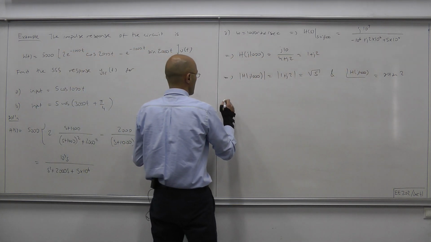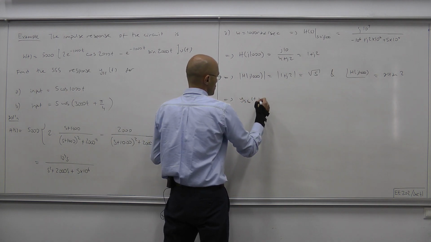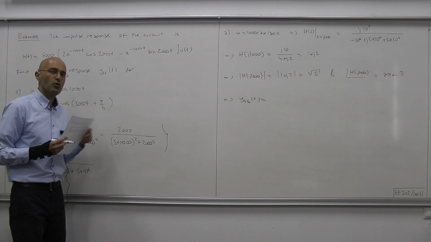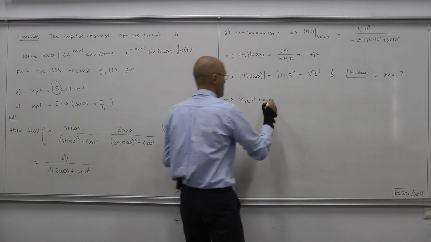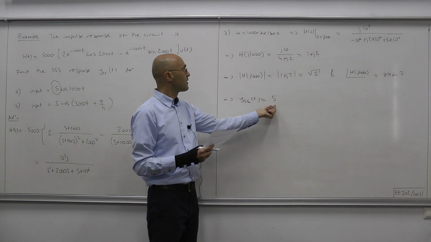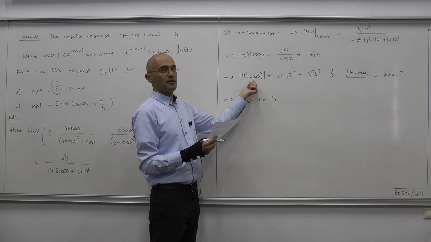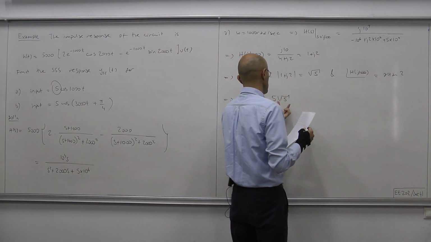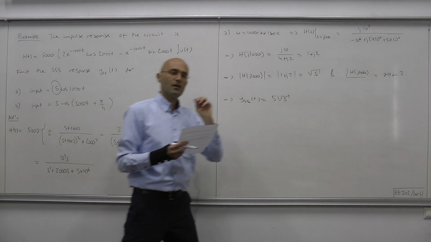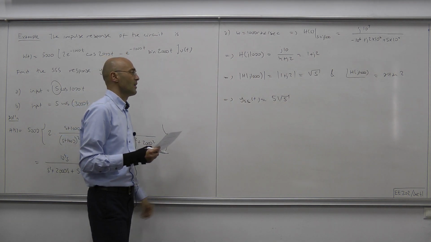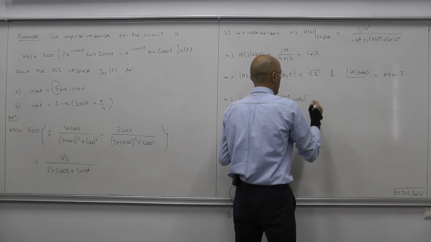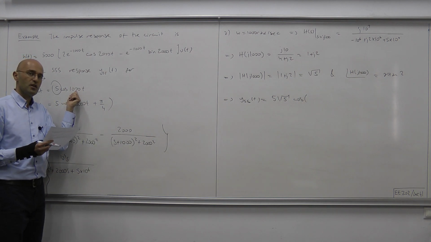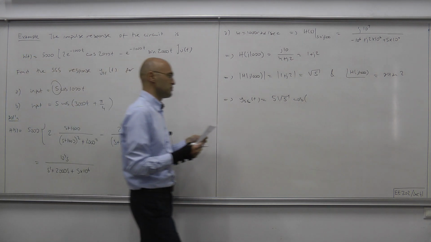Therefore, the steady state solution is, you take the amplitude of the input, which is 5, and scale it with the magnitude of the transfer function, which is square root of 5. So this is the amplitude of your sinusoidal steady state solution. And how about the frequency? The frequency of the steady state solution is the same as the frequency of the input, which is 1000 radians per second.